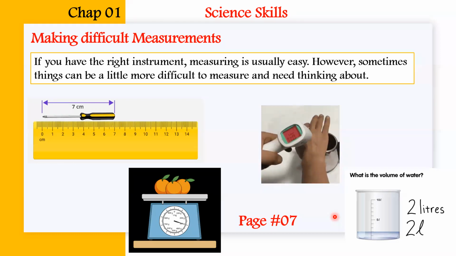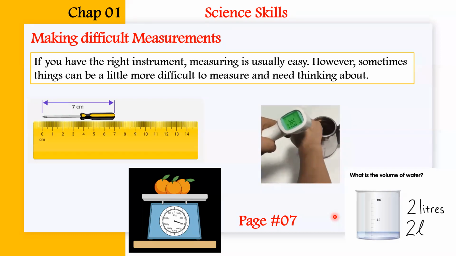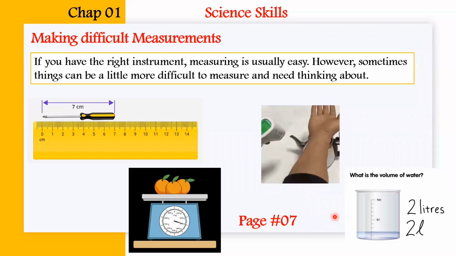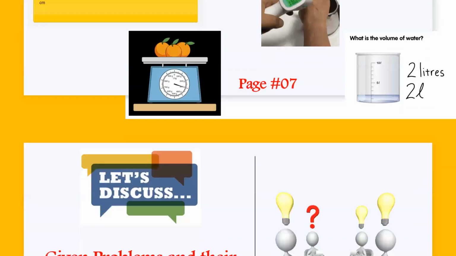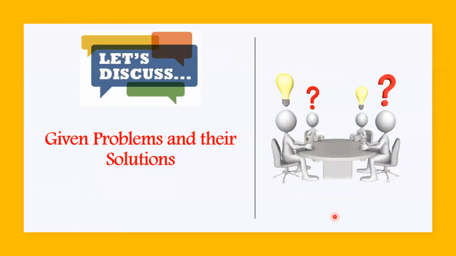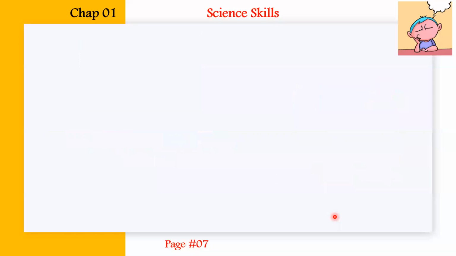However, sometimes things can be a little more difficult to measure and need thinking about. We will solve different problems here for getting a solution, and we will get an idea about how we can solve such complicated problems.